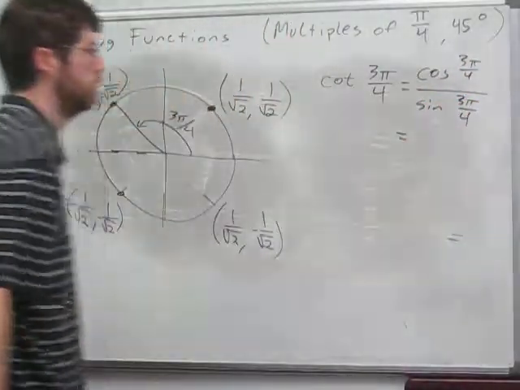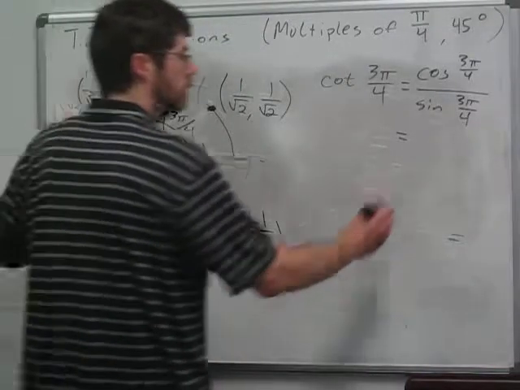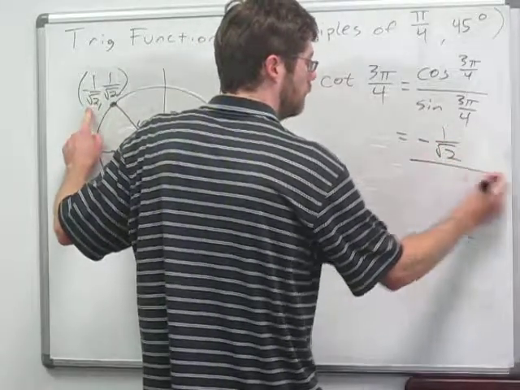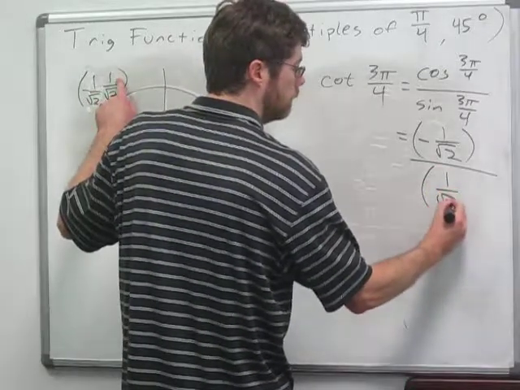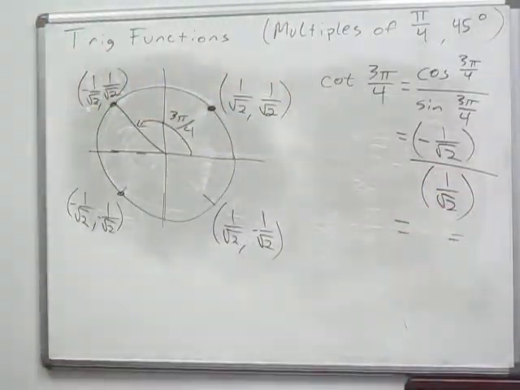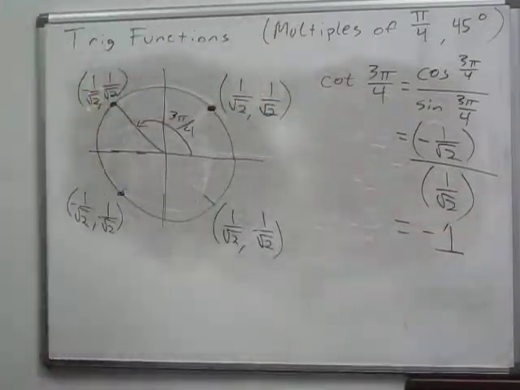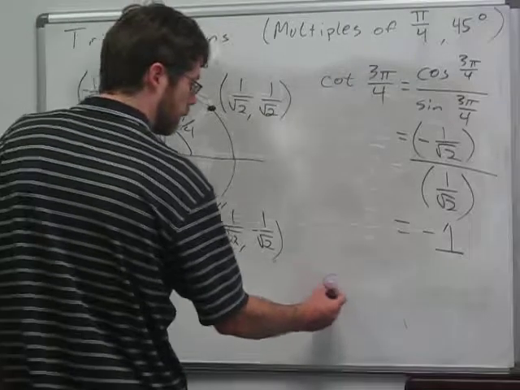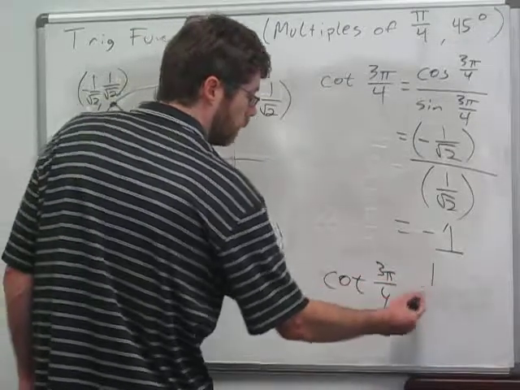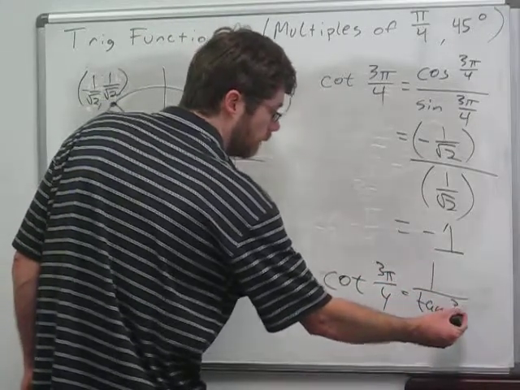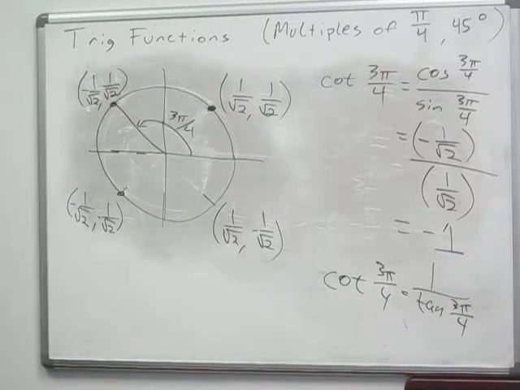That's one way to think about it. Cosine is negative 1 over radical 2. The sine is 1 over radical 2. Right? So this certainly simplifies to negative 1. Right? We could have also figured out the cotangent by using 1 over the tangent. Right? And then we'd have to investigate the value for the tangent.